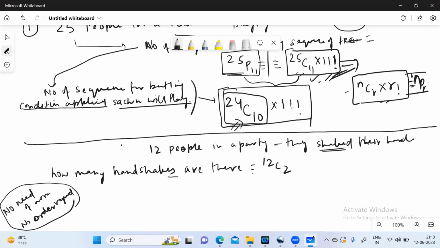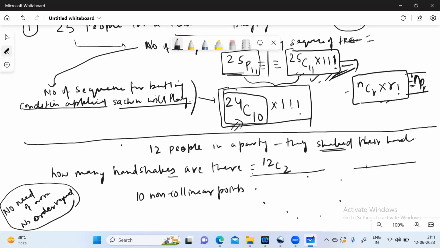Similarly, if there are 10 non-collinear points. Do you know what we mean by collinear? Not in a straight line.